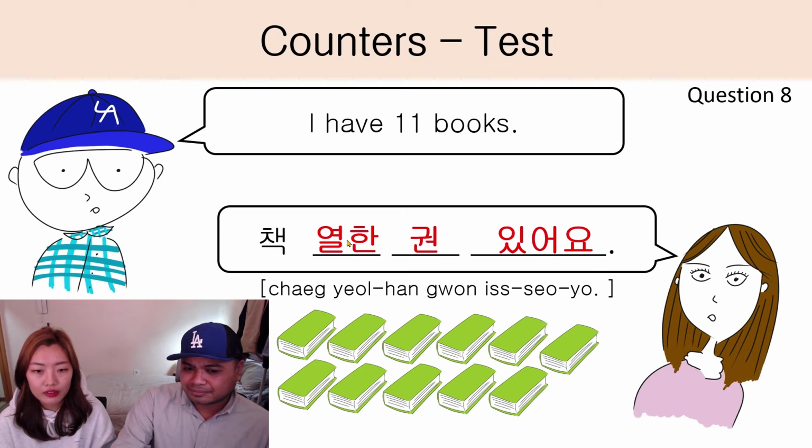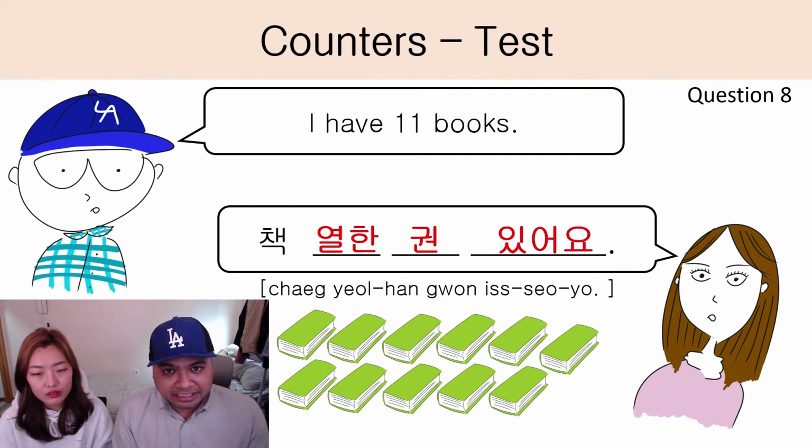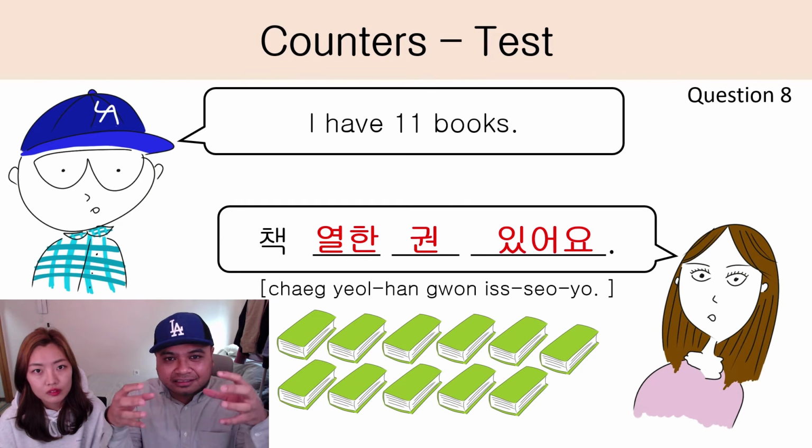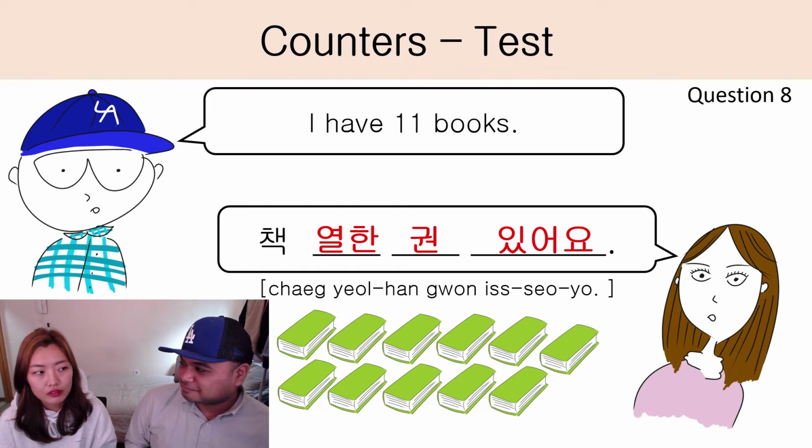Right. 11권. In Korean, I feel like there are a lot of special rules for some pronunciation to make it a little bit easier. 열한 is a little difficult to say, just a tad bit difficult. So they kind of mash the two words together. 열 and 한, when you put them together, it sounds like 여란, right?